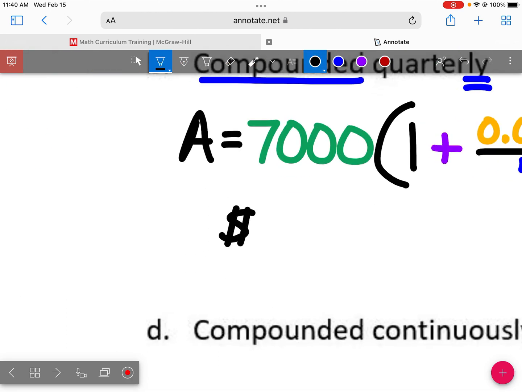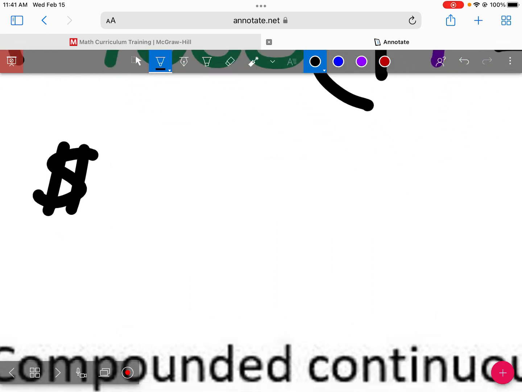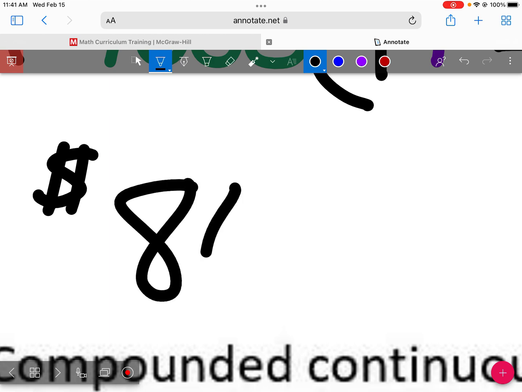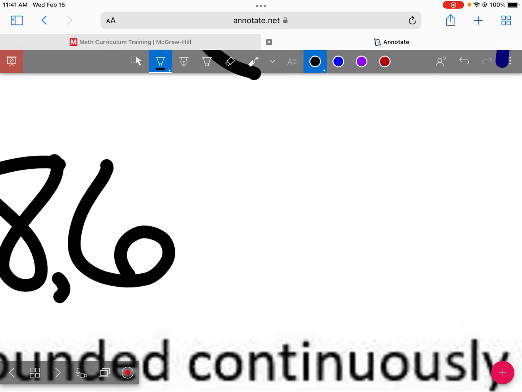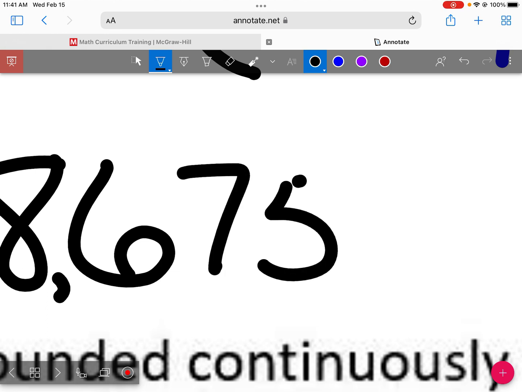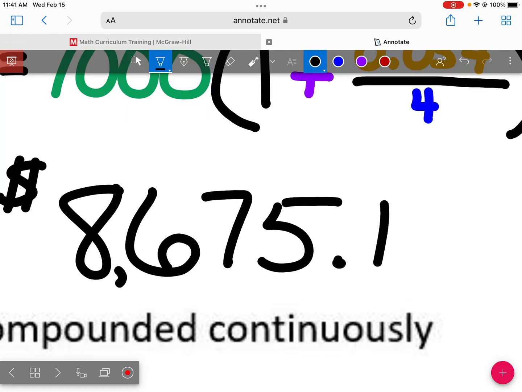So I'm going to type it in almost exactly the same into my calculator, except the bottom of the fraction is different. And what I'm multiplying as part of the exponent is different. $8,675 and 17 cents.